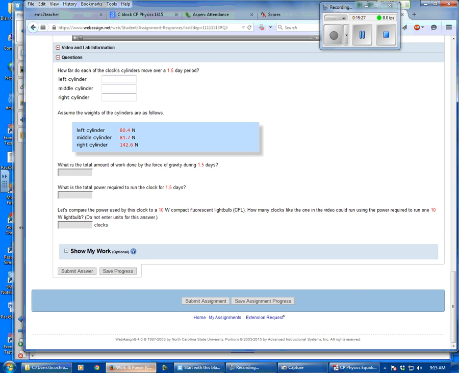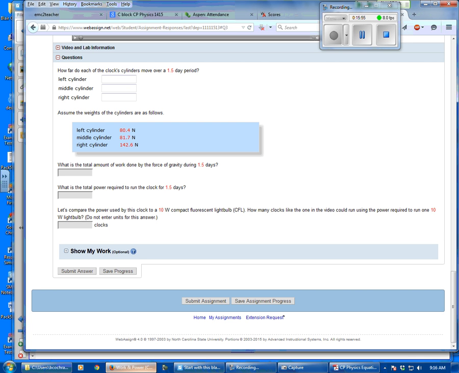There might be things that you want to be careful of. Notice that you have 1.5 days, but they're looking for the total power. You want to include units of watts there, so don't use your time as 1.5 days. Use it as that amount of time in seconds.